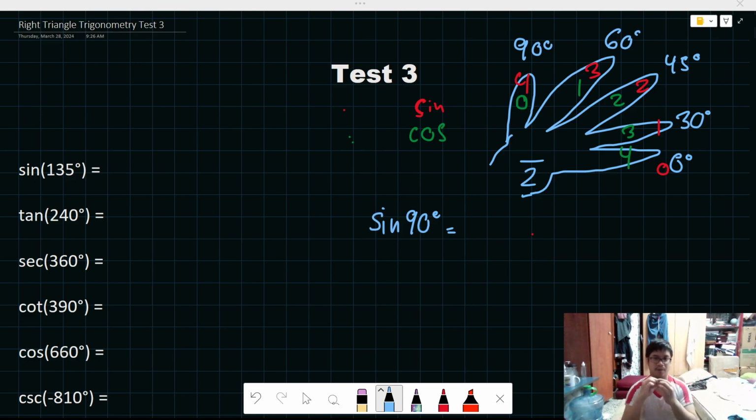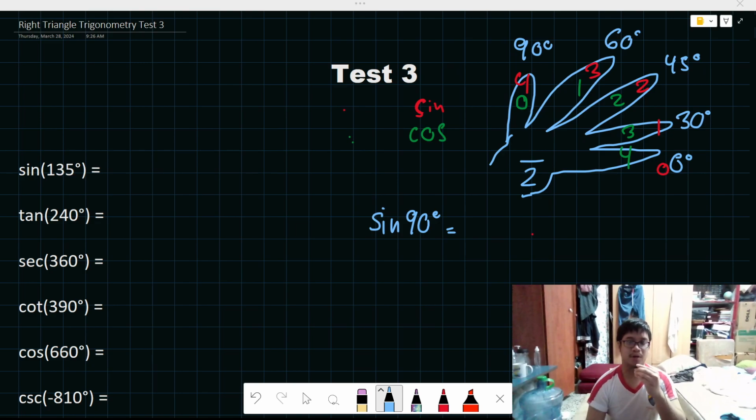So we're looking for sine 90 degrees, and you have your hand right here. You start at your pinky and count: 0, 1, 2, 3, 4. This thumb is 90 degrees, so you stop right here. According to this, it is 4.